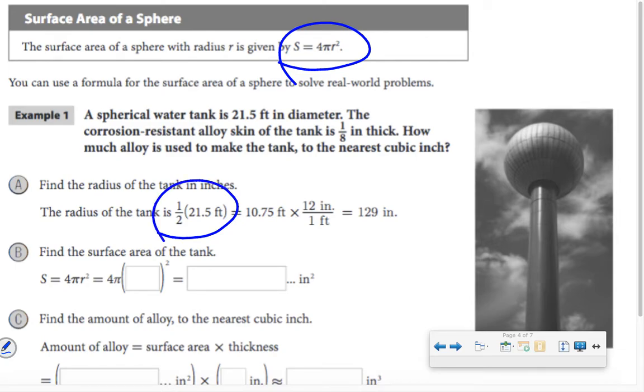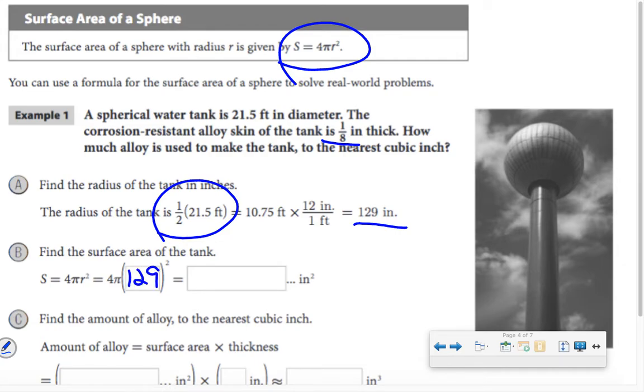Since this problem is talking about covering this sphere with a corrosion-resistant alloy, and it's giving the thickness of that alloy in inches, that's why you see them converting into inches. My radius I want in terms of inches, so when I plug into the formula 4 pi r squared, I'm plugging in 129 inches.